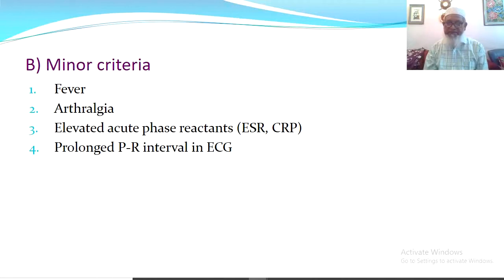Arthralgia, there may be pain in the joints, but if there is arthritis, the arthralgia should not be taken as a minor criterion. And elevated acute phase reactants, that is increased ESR and increased CRP. The prolonged PR interval in ECG.